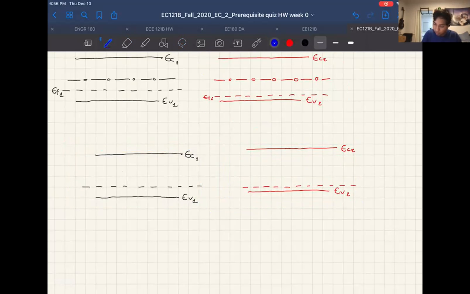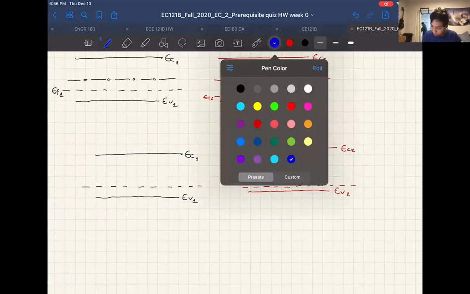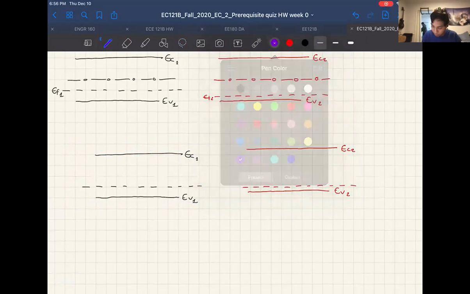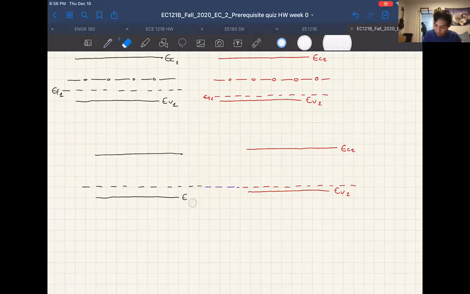I'll use a third color. We'll use purple. Right, the Fermi level has to remain constant, which means that the bending of the bands should be... maybe I should have made it more dramatic so it's easier to see.